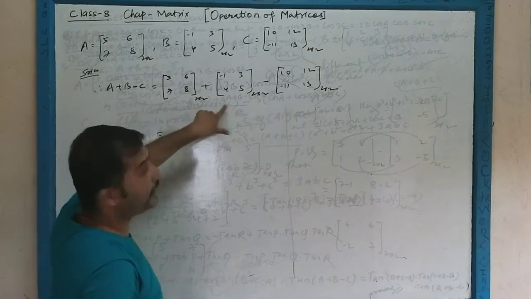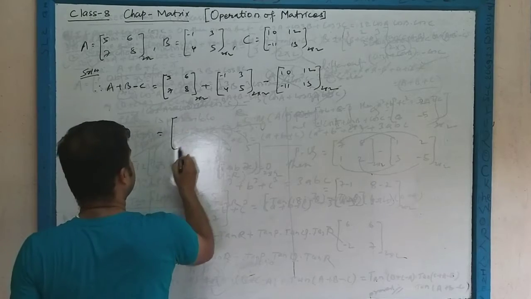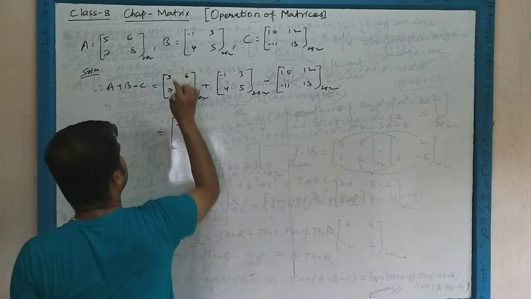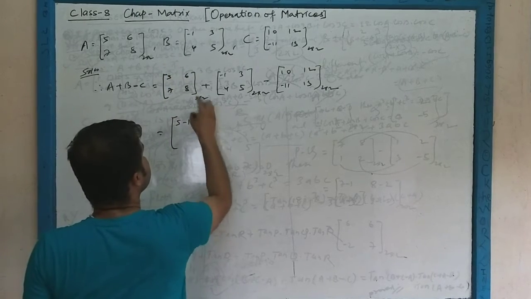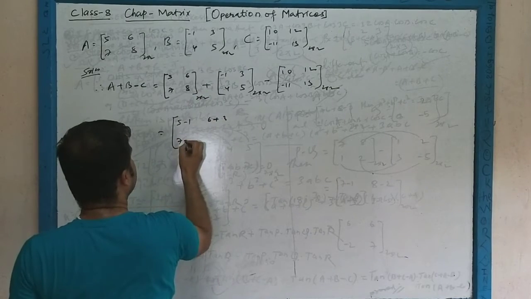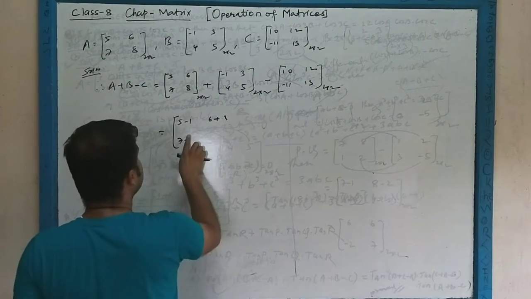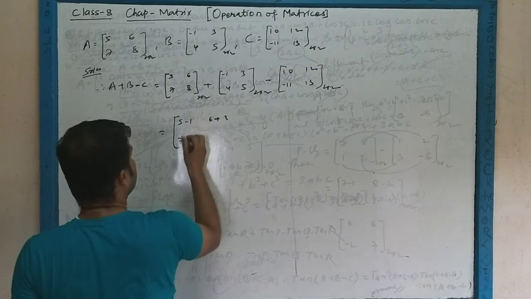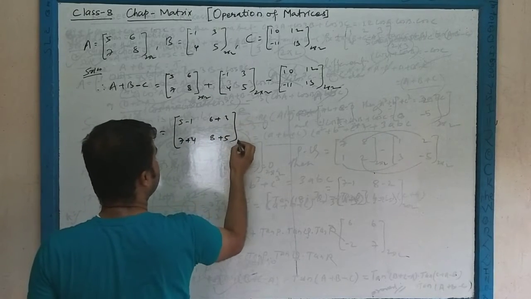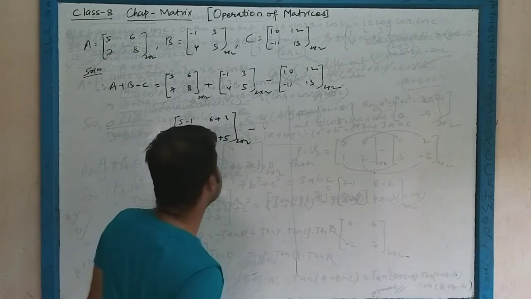Let's do addition first. So 5 minus 1, 6 plus 3, 7 plus 4, 8 plus 5, minus.